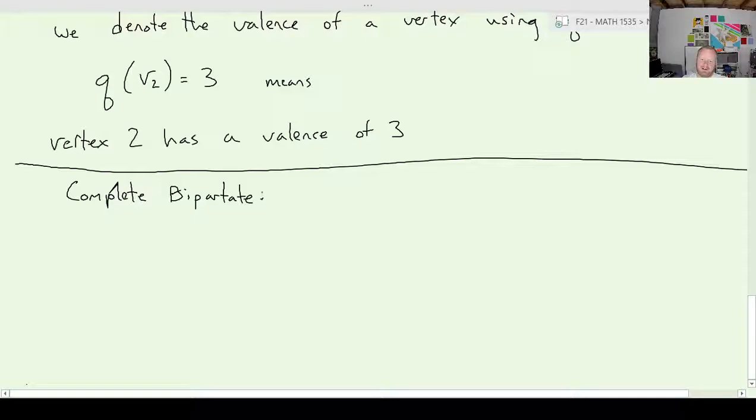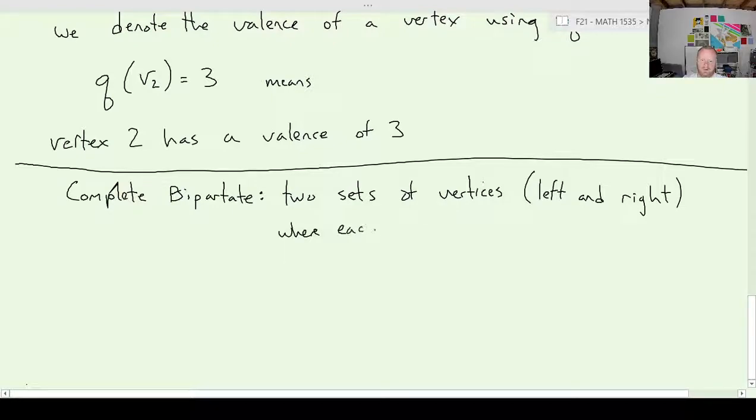So complete bipartite graphs are 2 sets of vertices. And I'm going to give them the names left and right. Where each left vertex is connected to every right vertex.